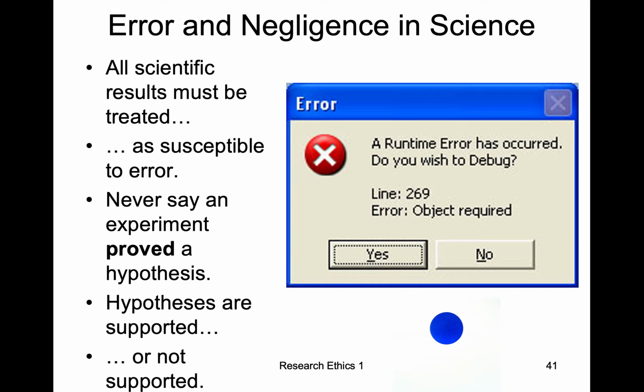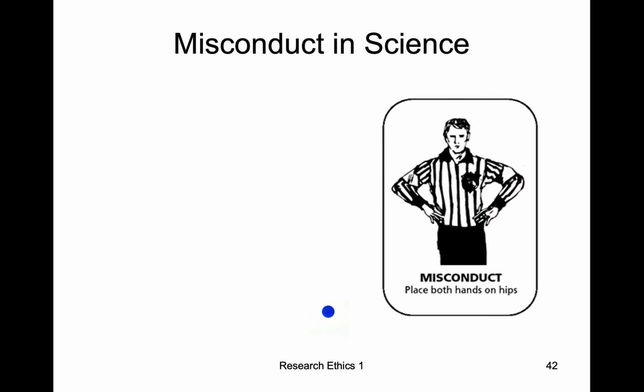But if you find support, it doesn't mean the experiment proved what you were saying. It just supported it. So that's the proper way to look at that. In non-academic journals, people say an experiment proved this or that. It's not technically accurate, but it's pretty common. But in academic research, you don't want to do that. You lose credibility.